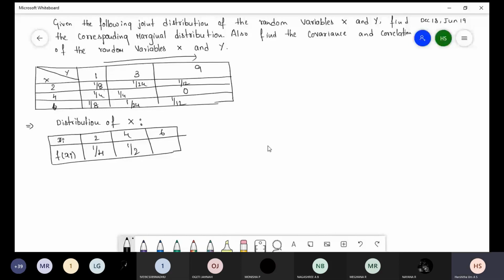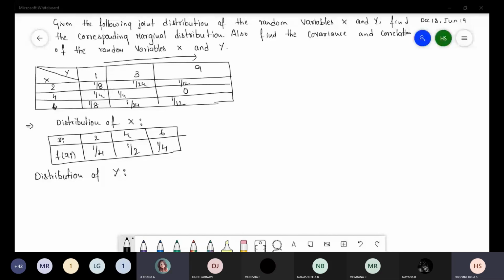Next, distribution of y. Find out the value of the distribution of y. Draw a table here.